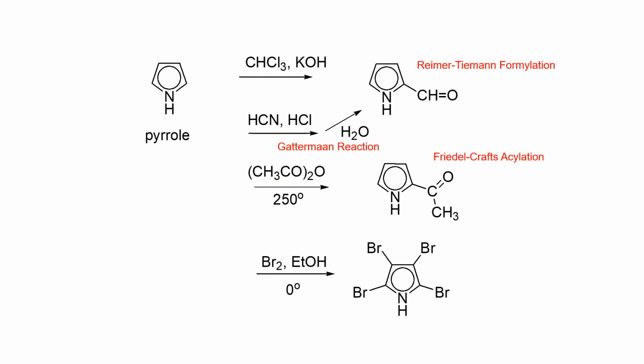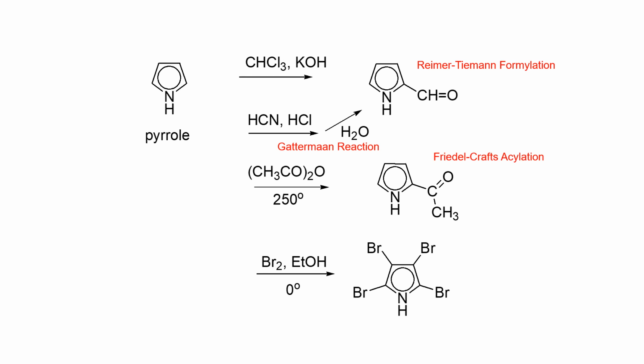Here also I showed some electrophilic substitution reactions. The first reaction I showed here is the Reimer-Tiemann formylation reaction. We know that when we do the Reimer-Tiemann reaction with an aromatic compound, an aldehyde group will be substituted at some position of the aromatic compound.